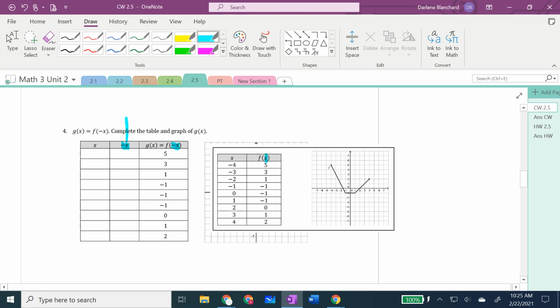So whatever I'm getting for my f of x column, I look at who's the input, that column gets these. So my -x goes in, that's going to be all of these. So that's -4, -3, -2, -1, 0, 1, 2, 3, 4. If this column is -x, then to get this column, I have to multiply those x's by -1.